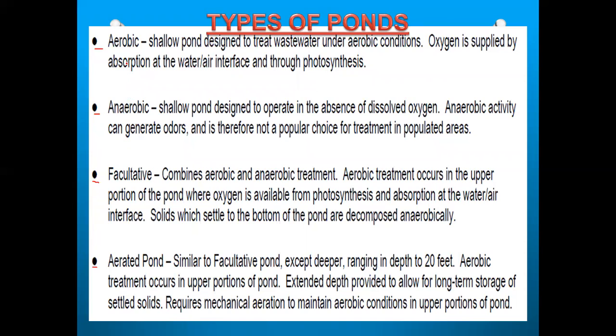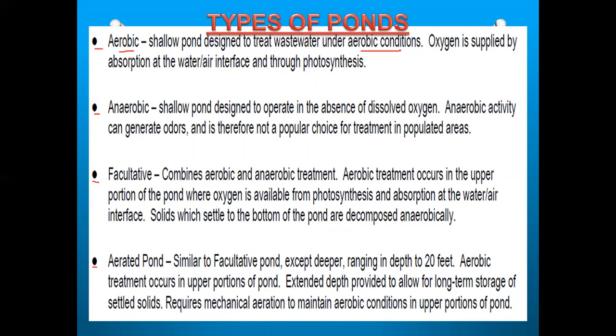Okay, so the aerobic pond is generally a shallow pond, designed to treat the wastewater under aerobic conditions, right? What is the meaning of aerobic pond? It is shallow. Shallow means less depth, so the ground will be visible through the water, right?